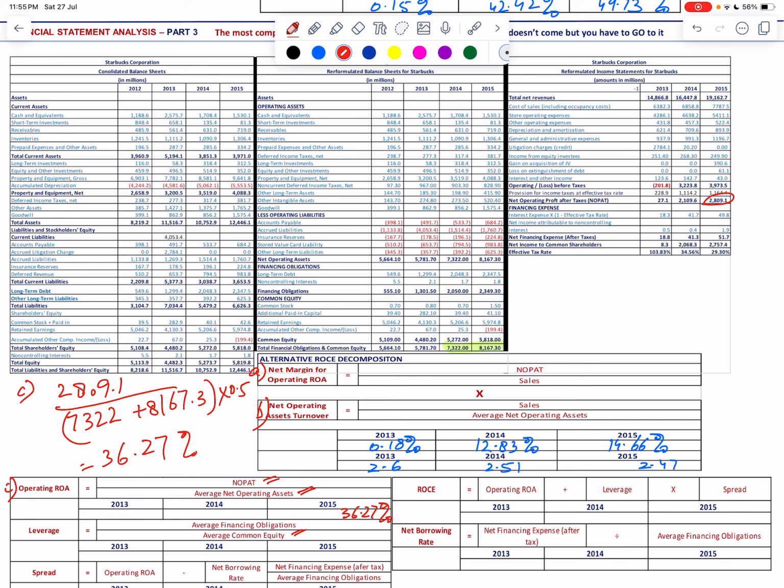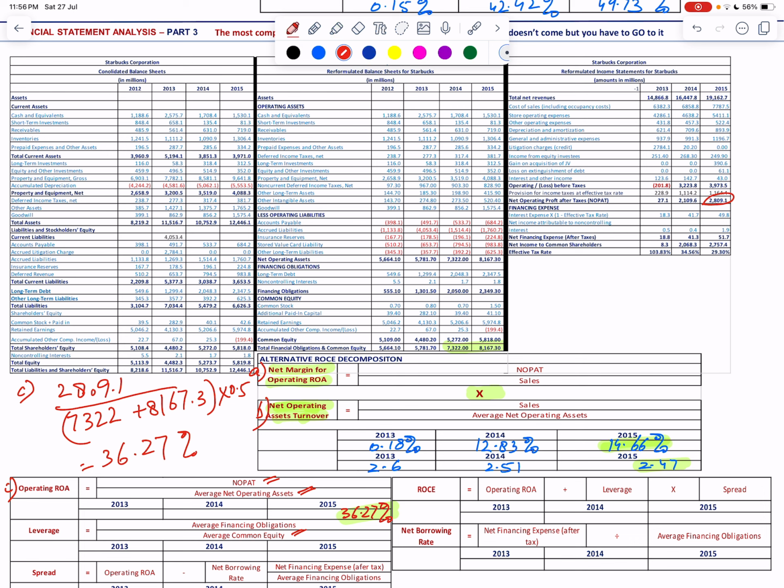And what may be interesting for you is that if you multiply the net margin for operating assets by net operating assets turnover, you will get the operating return on assets. So if you multiply 14.66 by 2.47, you will get 36.27.